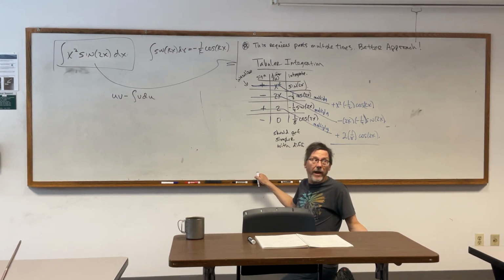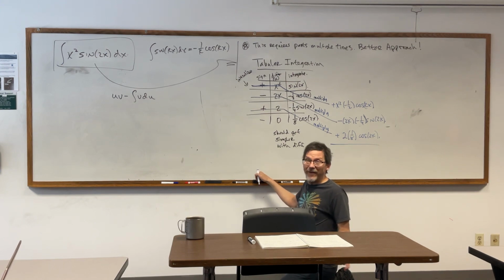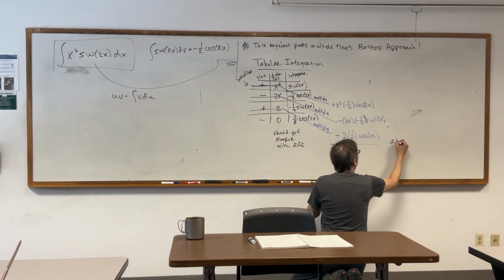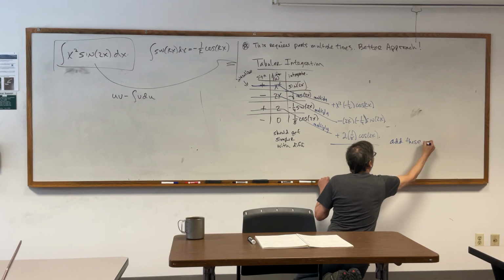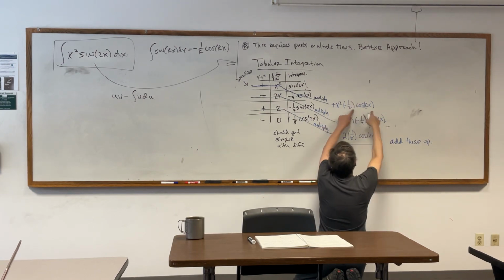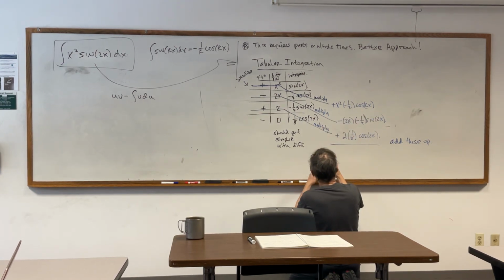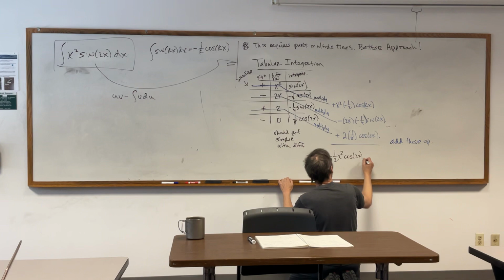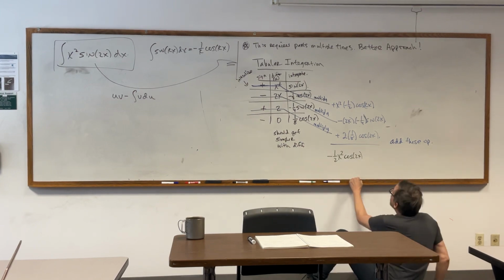Now add those together and you've just integrated. So add these up. And what we get is, and I'll do a little simplification, this is going to be -1/2. I like constants in front, you should like that too. That's just good math etiquette.